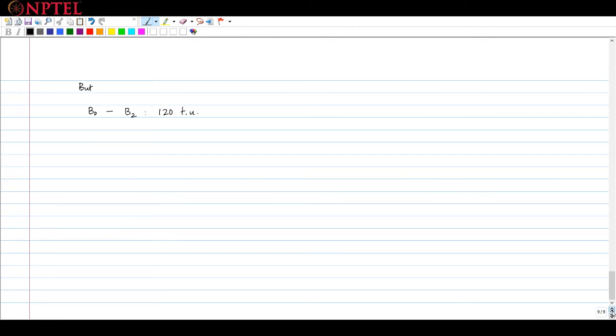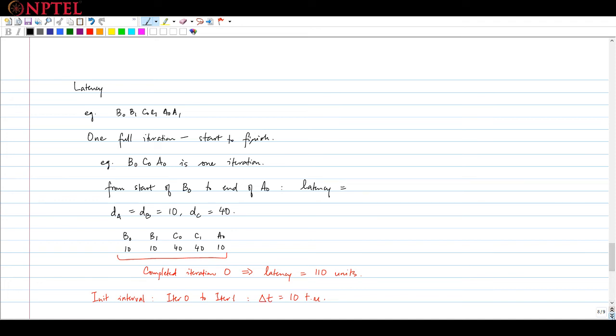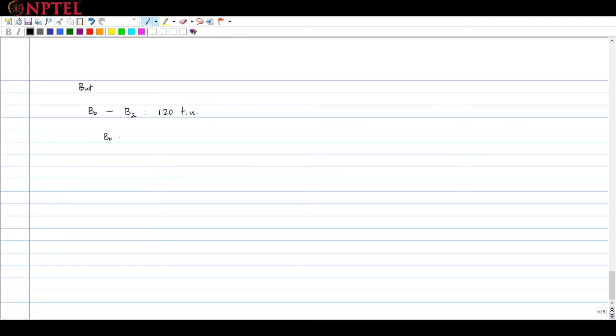Why? Because if I go back and look at this graph, I have B0, B1, C0, C1, A0, A1, and then B2, B3, etc. So this time is going to be equal to 120 time units, right?